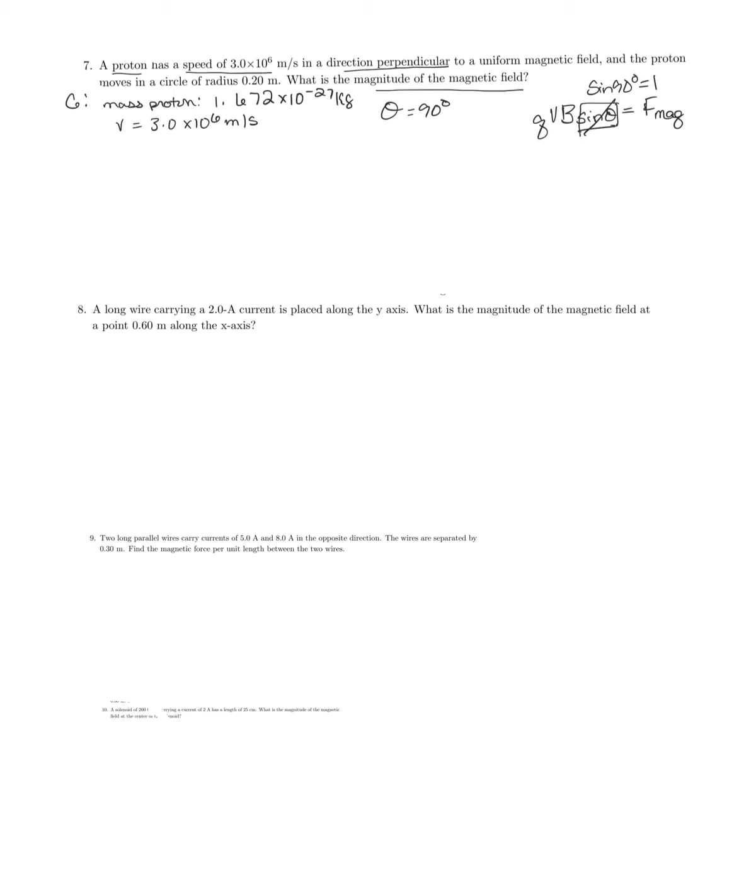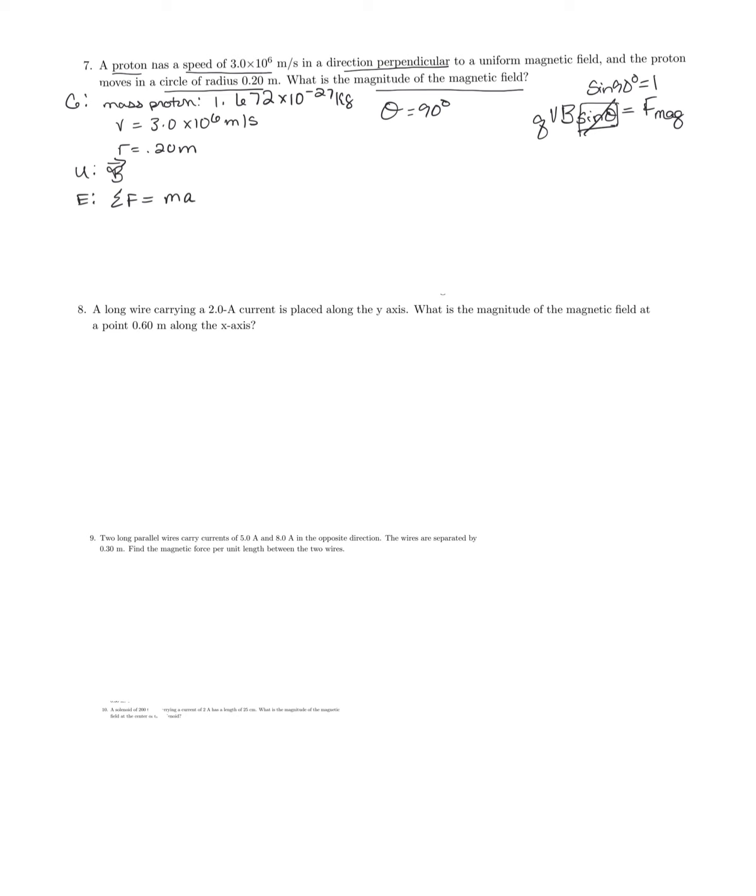And then it says that we're moving in a circular radius, so our radius is 0.2 meters. And we want to know the magnetic field magnitude. Some equations that we have for this: we know from Newton's second law that the sum of the forces equals mass times acceleration.